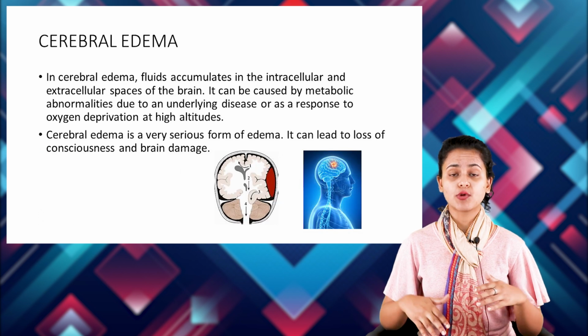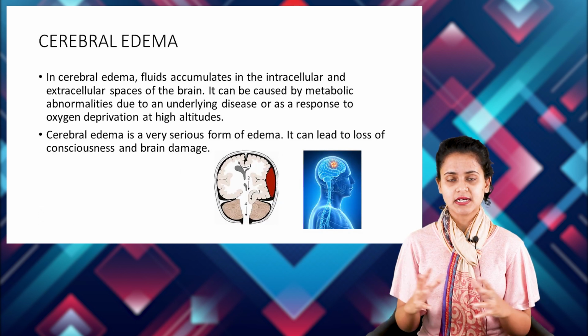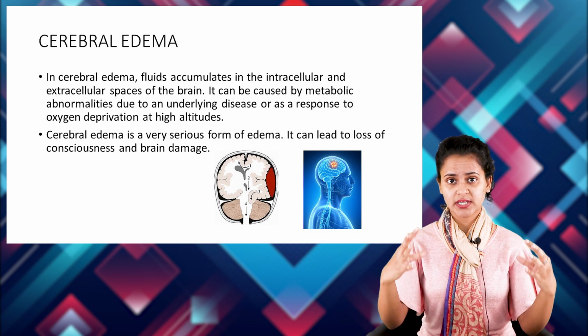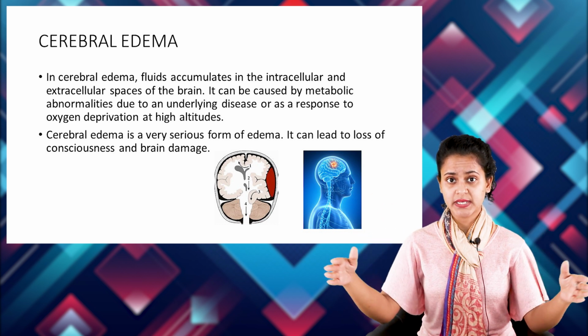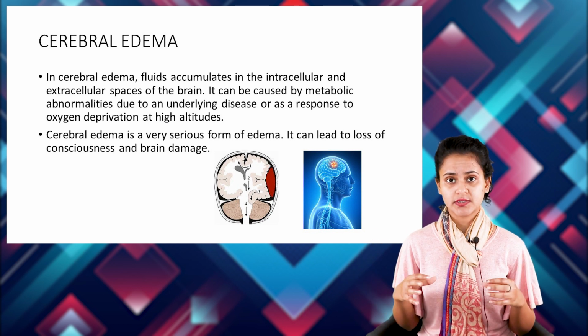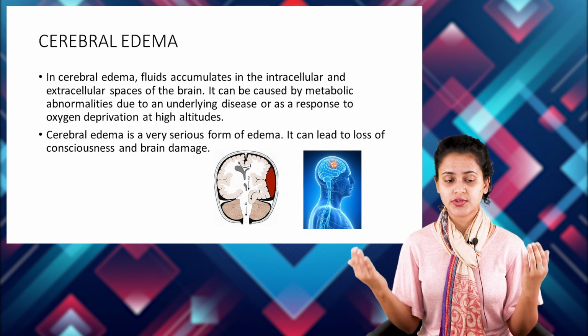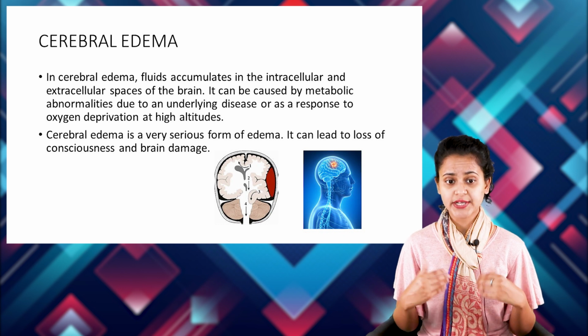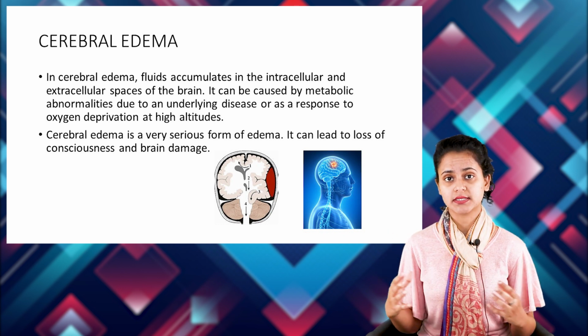Next, we are going to learn about cerebral edema. As the term itself suggests, this particular edema will be happening in the cerebrovascular area. Here, the fluid will accumulate in the intracellular or extracellular spaces within the brain.